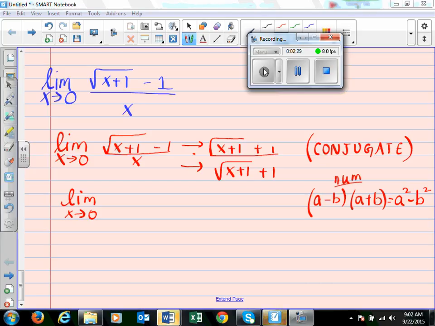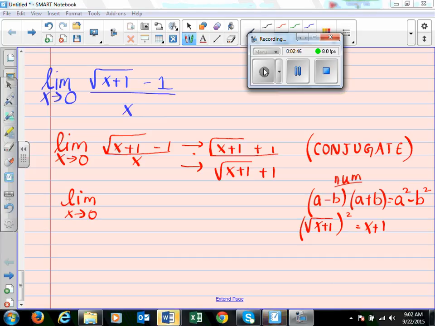So a squared, like yesterday, when I square the square root, the square root is going to go away, you end up with x plus 1. I'm doing all this work by the side so you understand what's going on.